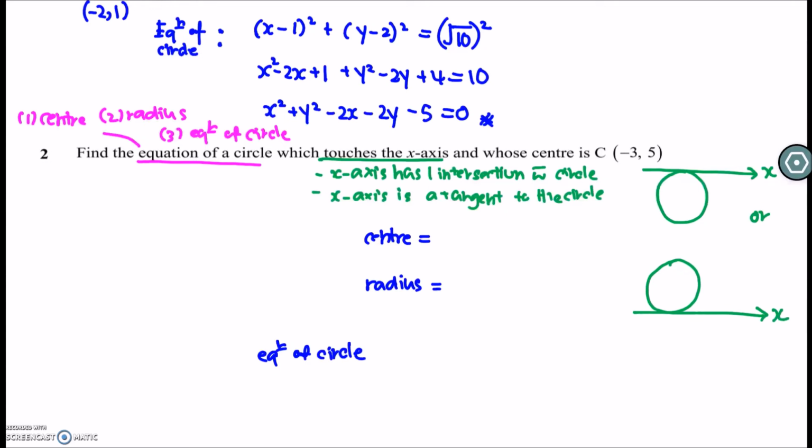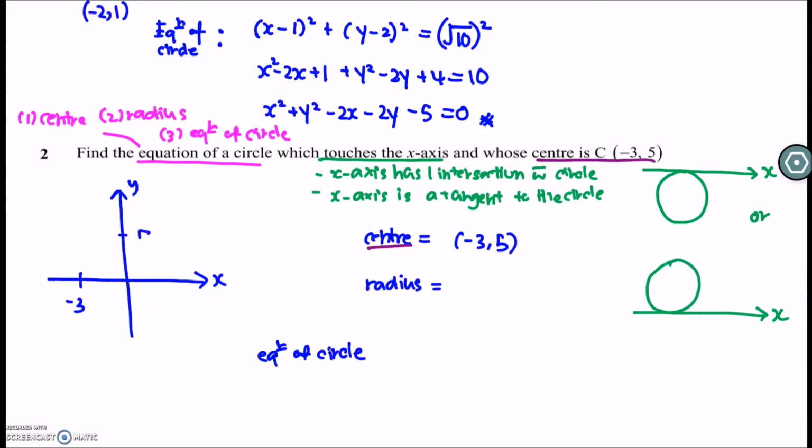So looking at this question in specific, since we know that the center C is given, (-3, 5), we are able to locate it on the x and y axes. So negative 3 and 5. This is the center of the circle.